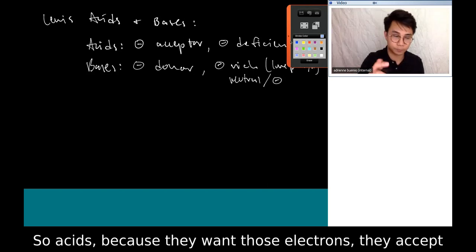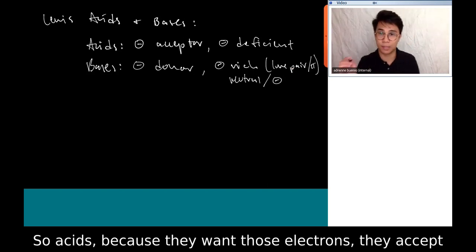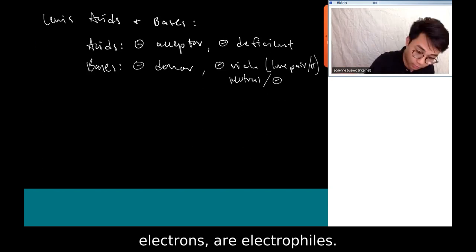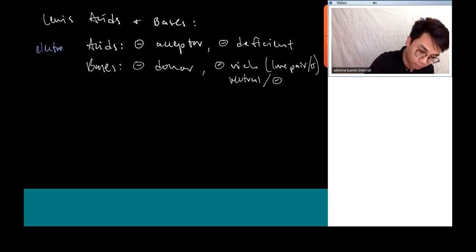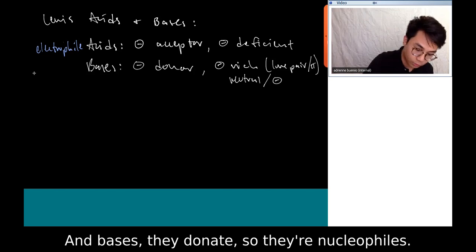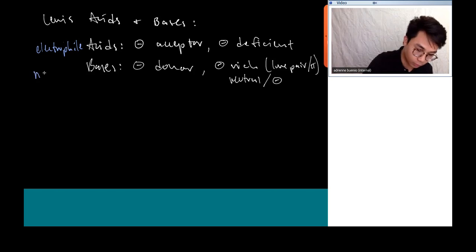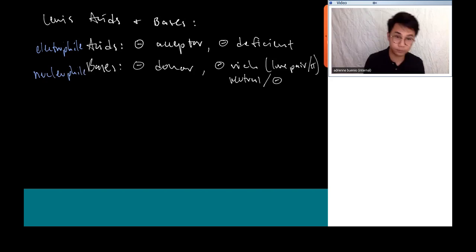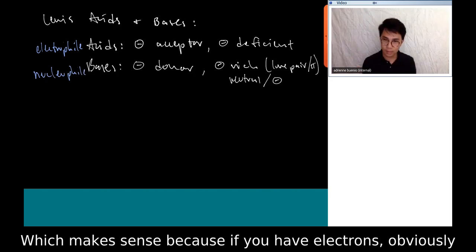So acids, because they want those electrons, they accept electrons, are electrophiles. And bases, they donate, so they're nucleophiles, which makes sense.